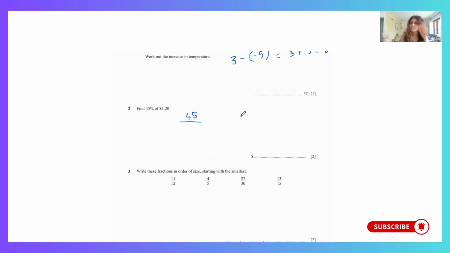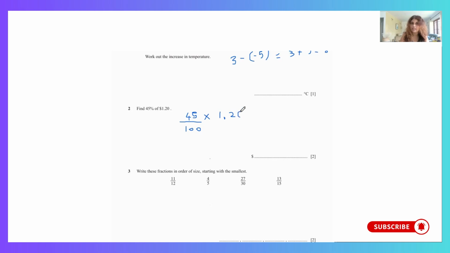The denominator of every percentage is 100. So it's 45 over 100, multiplied by 120, because of is equal to multiplication in math.